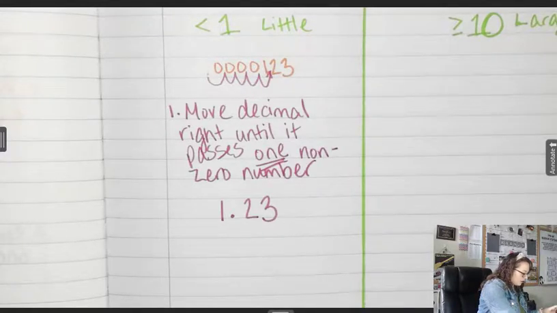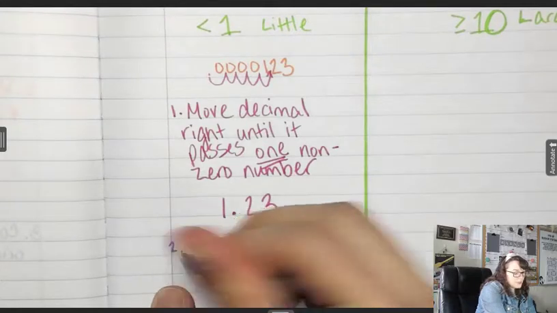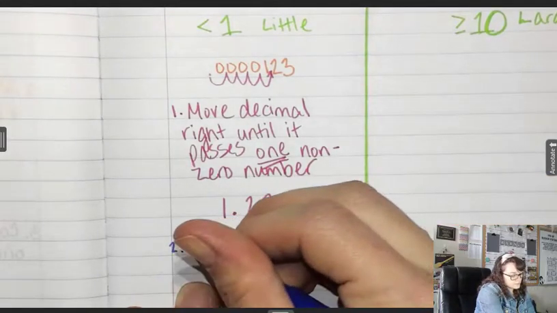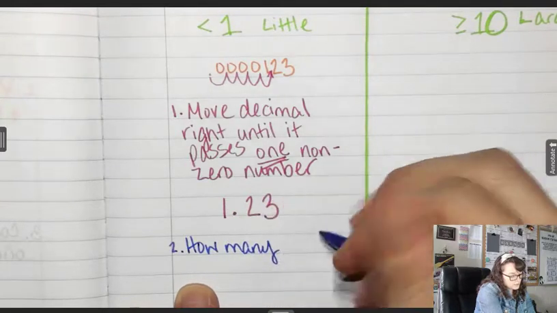Second part. Step 2 is how many jumps did you just go? How many, we'll just say jumps.